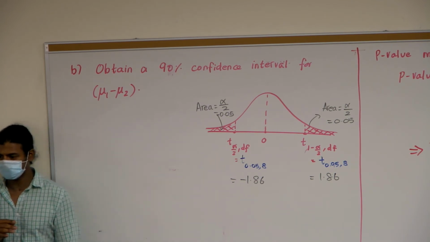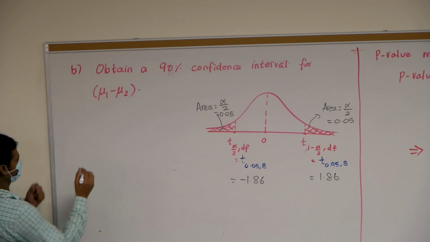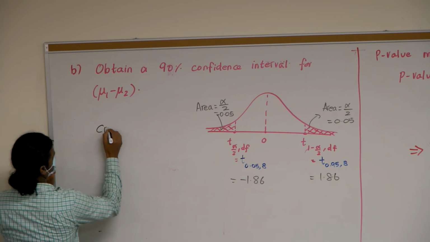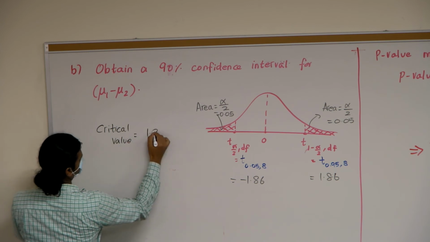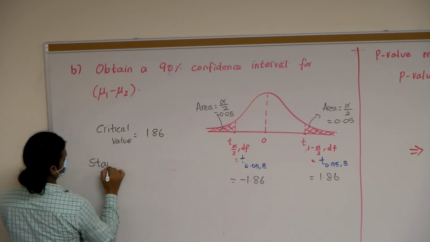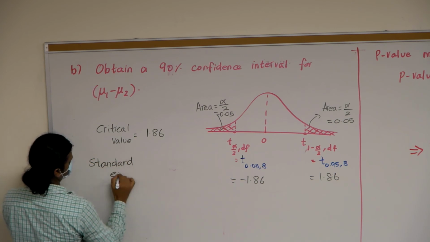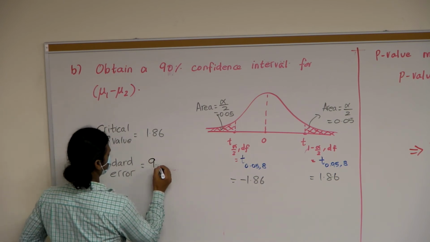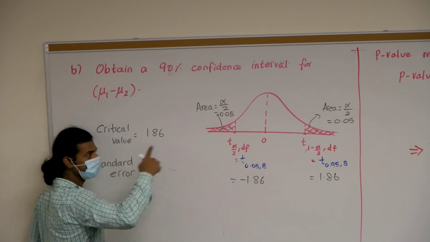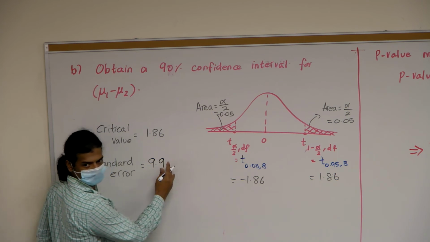We have the standard error from the test itself. And what is the value of the standard error that we had from earlier? 9.09, right? Or 9.091.